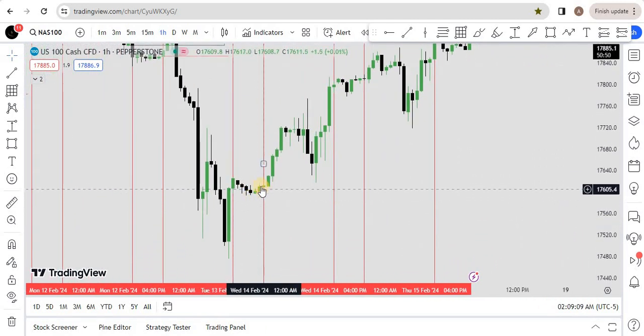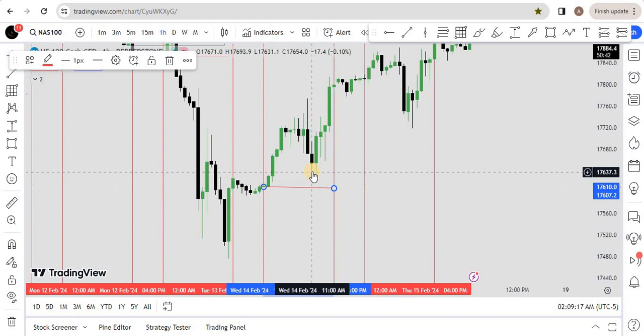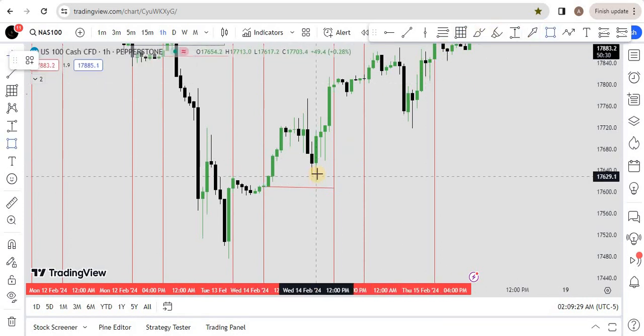Next day, market open. Price comes to your fair value gap or sometimes an area, but not in kill zone hours.